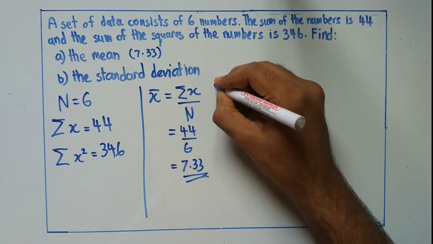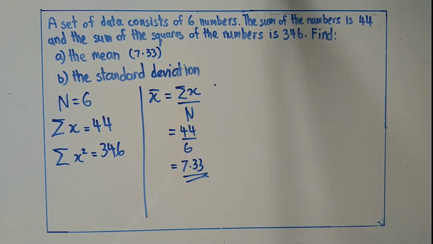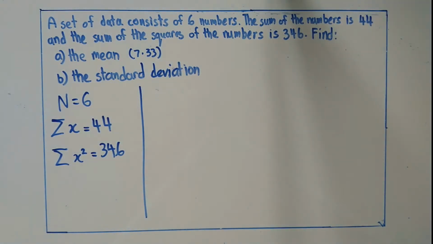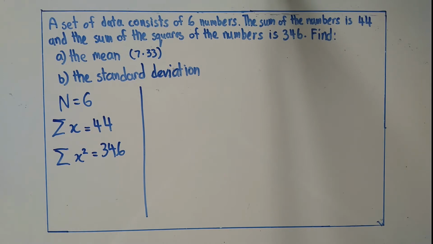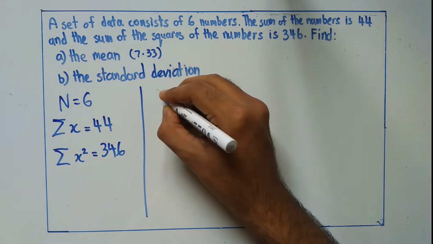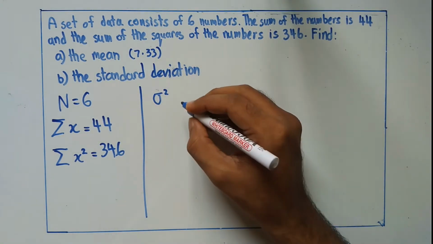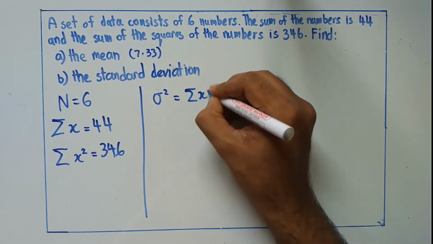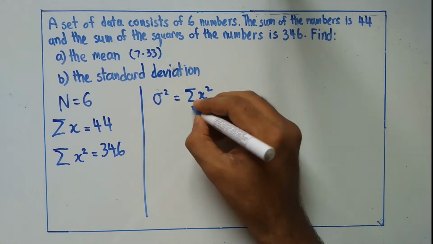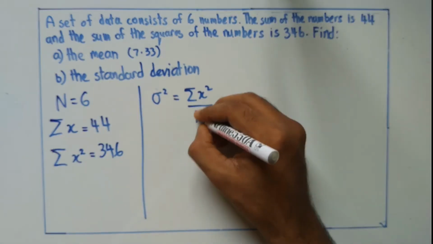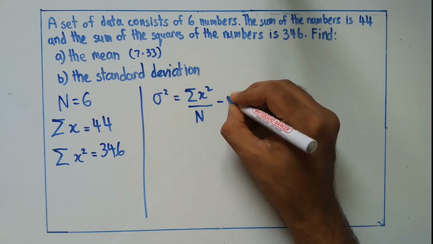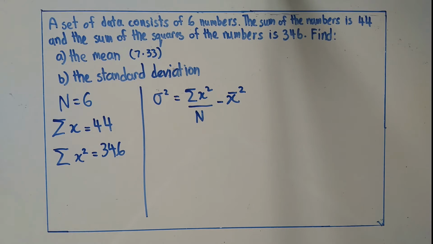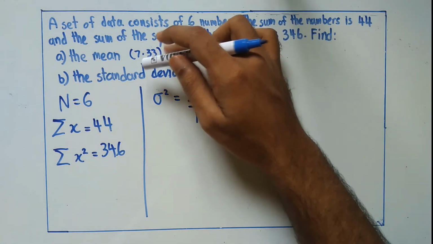Next, in part B, we need to calculate the standard deviation. To calculate the standard deviation, we need to calculate the variance first. The formula for the variance is simply the sum of squares divided by the number of terms minus mean squared. As we found out earlier, the mean is 7.33.